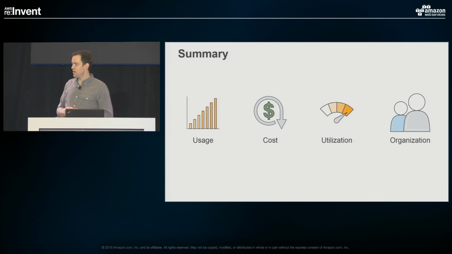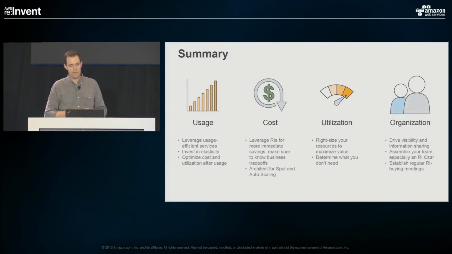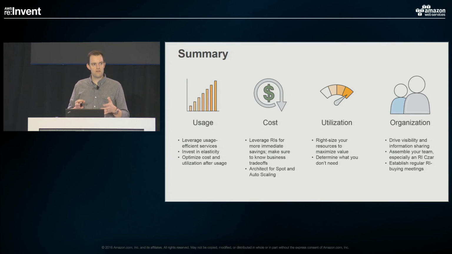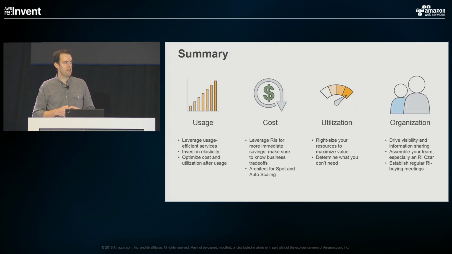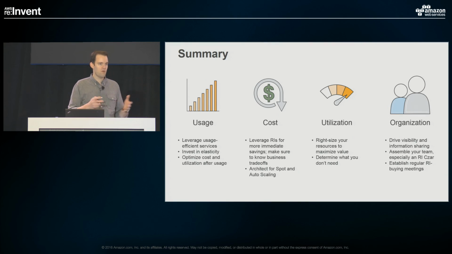So, a quick summary to wrap things up on the four major areas. We really think you should leverage the service usage APIs and services. Just by transitioning away from running MySQL on EC2 to using RDS, that's a huge cost optimization and an investment in a more service-efficient future.